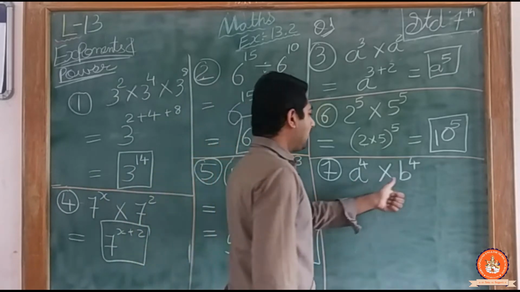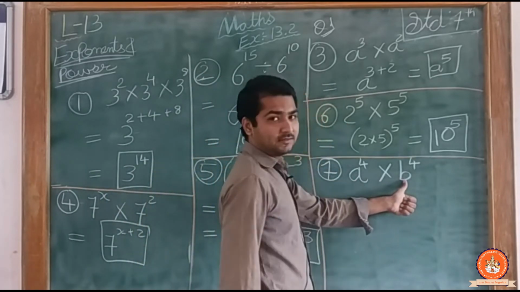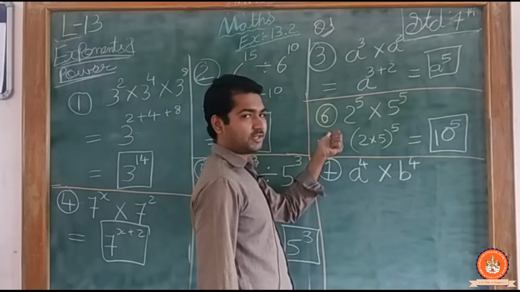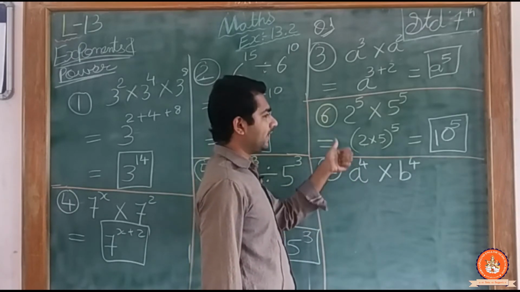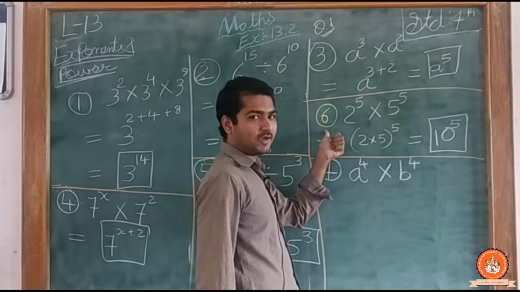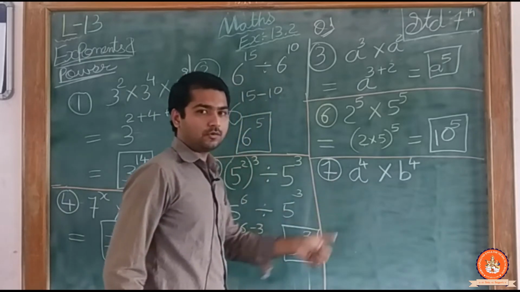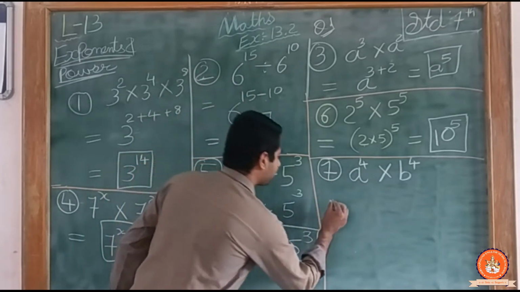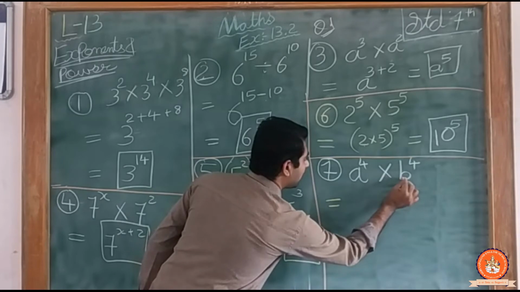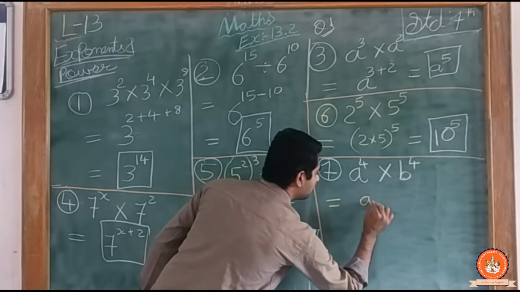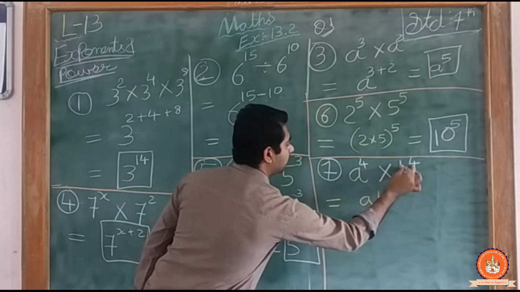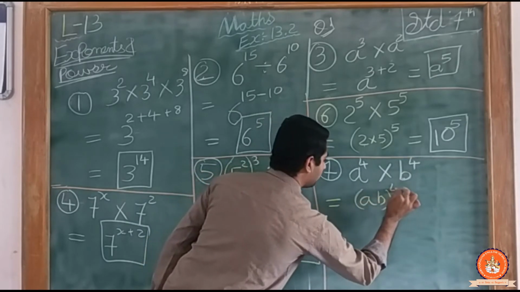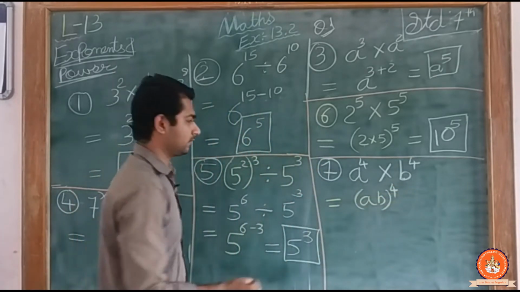Now we will multiply this both, similar to question 6 only. We have to do it as how the question 6 we had done. Similarly we will do a similar way. So both the bases are different. So a multiplied by b, power are same, raised to 4. Completed.